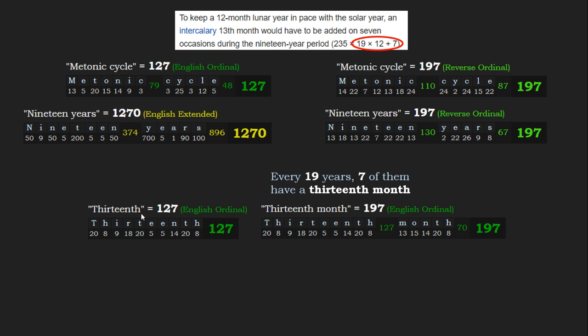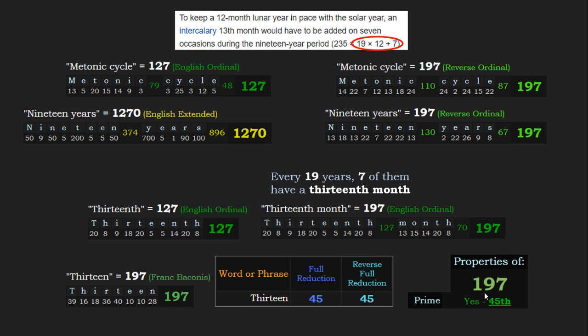Not only does the word 13th equal 127, like Metonic cycle in the alphabetic order, but 13th month equals 197, just like Metonic cycle, just like 19 years. 197 is a prime number. That's the 45th prime number. In both reduction methods, the word 13 has a gematria value of 45.